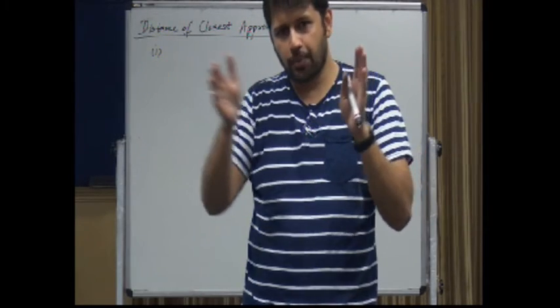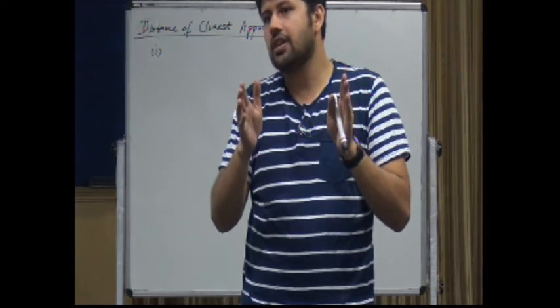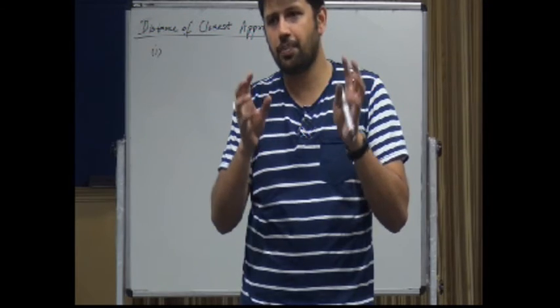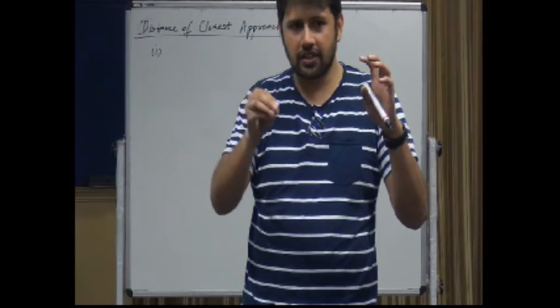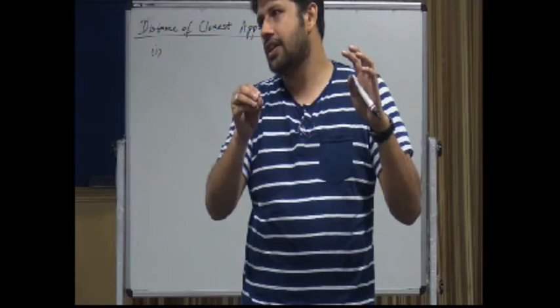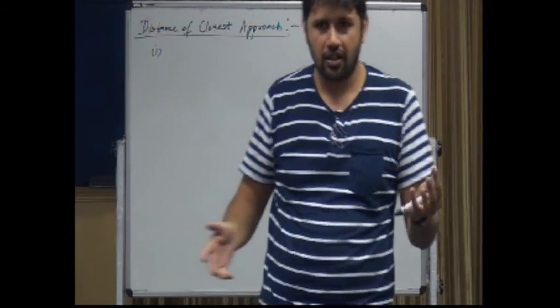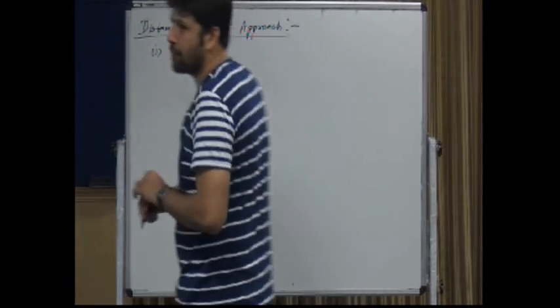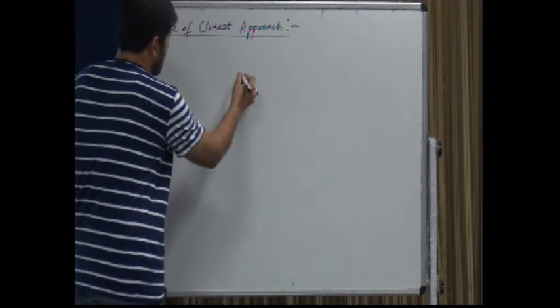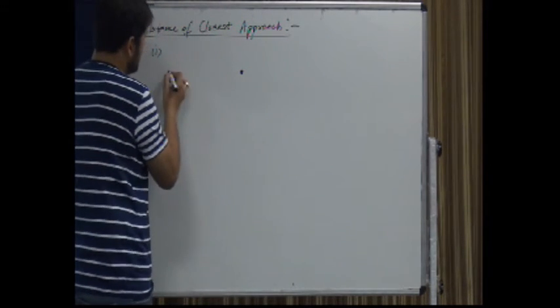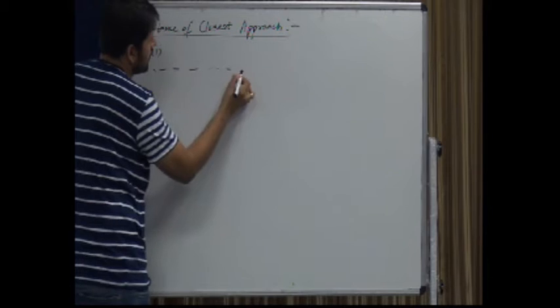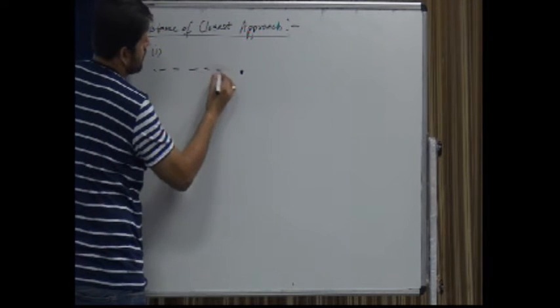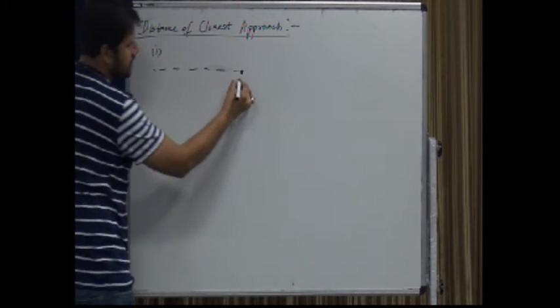So there would be a point which we call the closest distance of approach, the point at which the alpha particle just stops before getting repelled away. Is it okay? So what is the closest distance of approach? A charge is there, and another charge is projected toward this fixed charge.